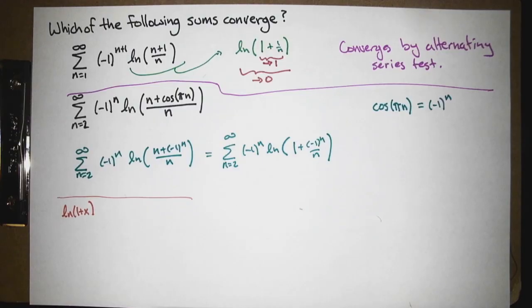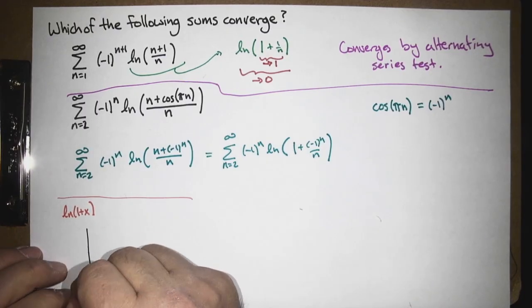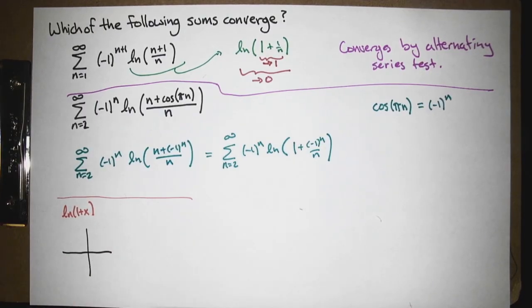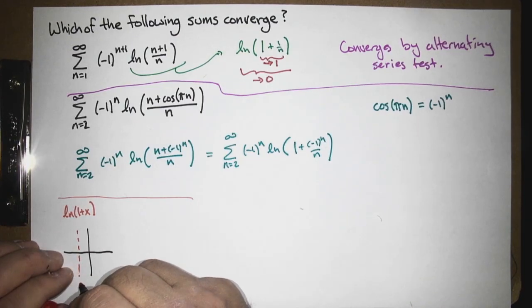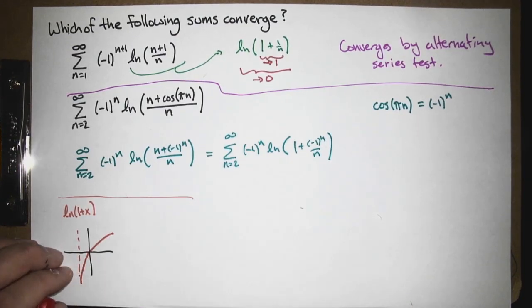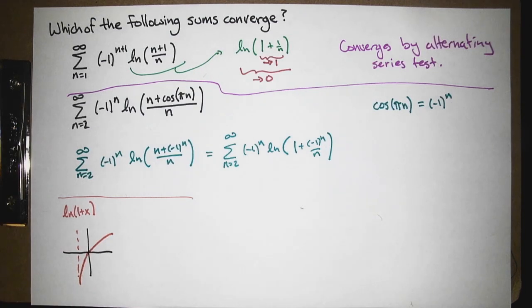What does that look like? Well, if you were to graph it, it has a vertical asymptote at negative 1, and it passes through the origin.